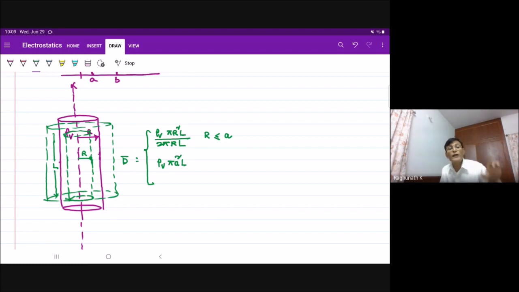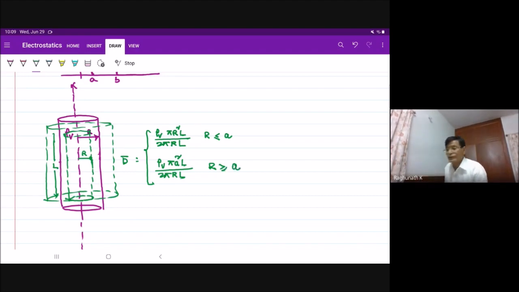This is the total charge enclosed by the imaginary cylindrical surface of radius r, which is coaxial to the cylinder. Rho v is the volume charge density. I want the total charge inside divided by 2 pi r L for r greater than or equal to a.